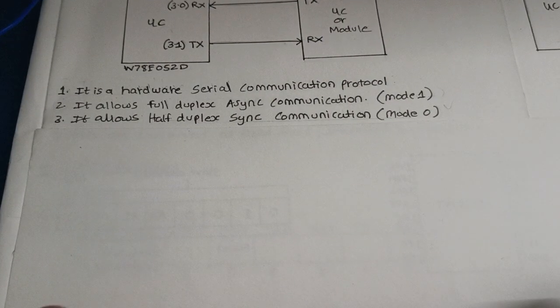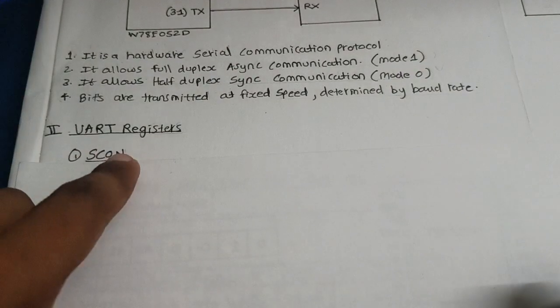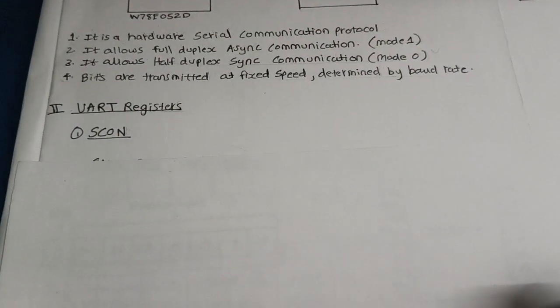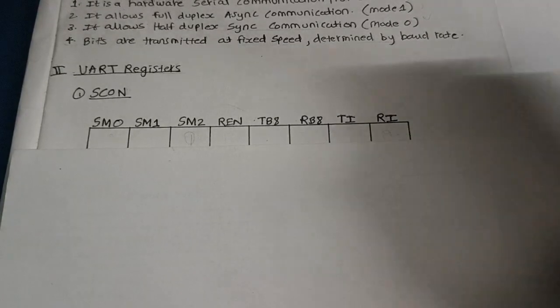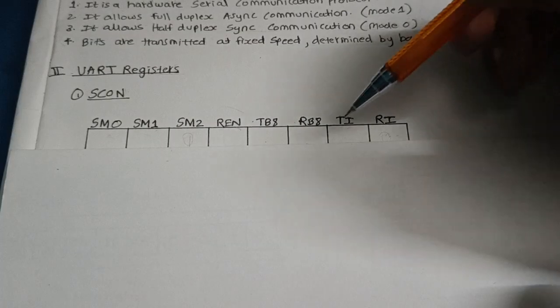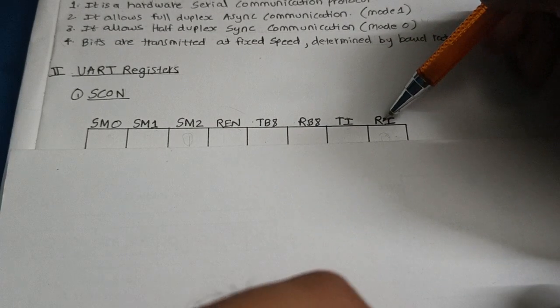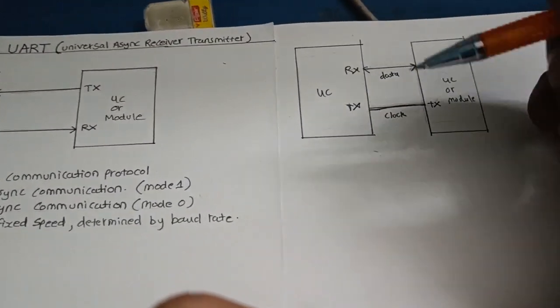To set the mode, we use registers. First one is SCON, which is very important. These are the UART registers. SCON is an 8-bit register. And this has receive enable, and the TI and RI flags, transmit interrupt and receive interrupt. These are very important. Now we are seeing mode 0.